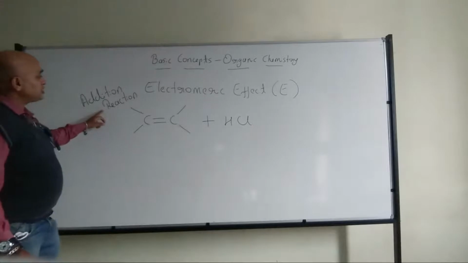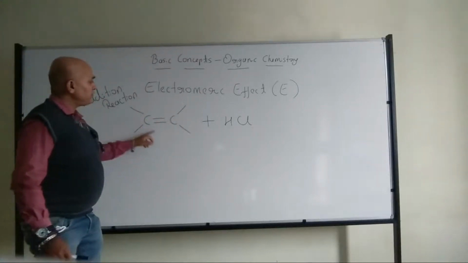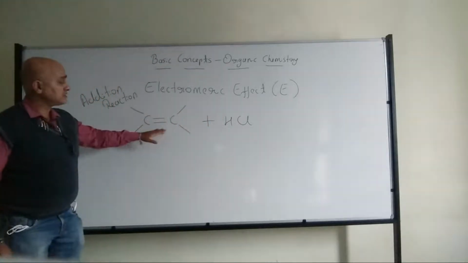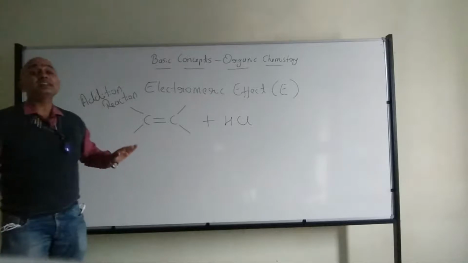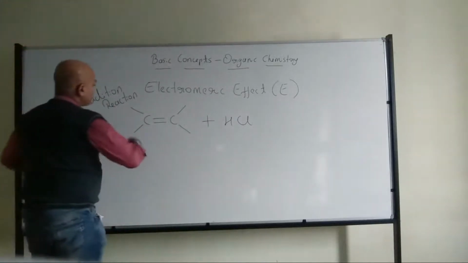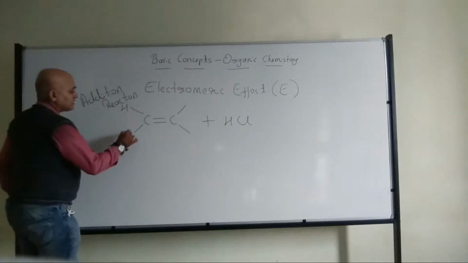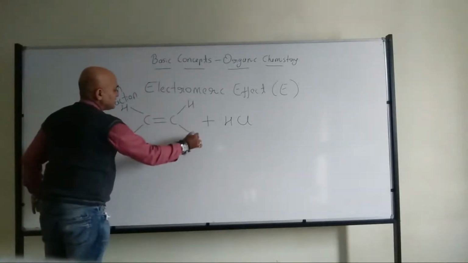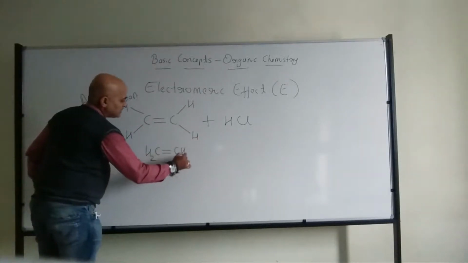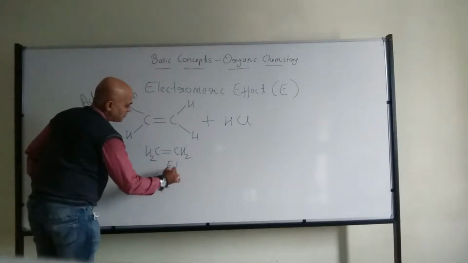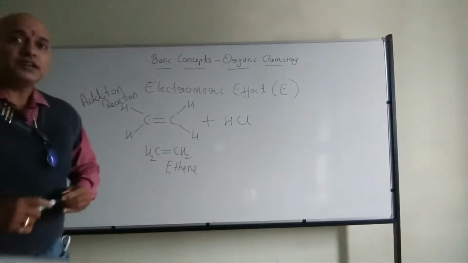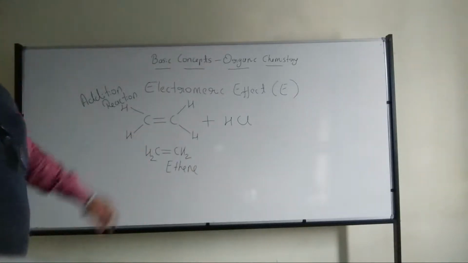So what do you mean by addition reaction? Nothing will be removed from this molecule. Instead of that, there will be addition of an extra element to this. Therefore it is called an addition reaction. If I consider this one as ethene, that means CH2 double bond CH2, an alkene.